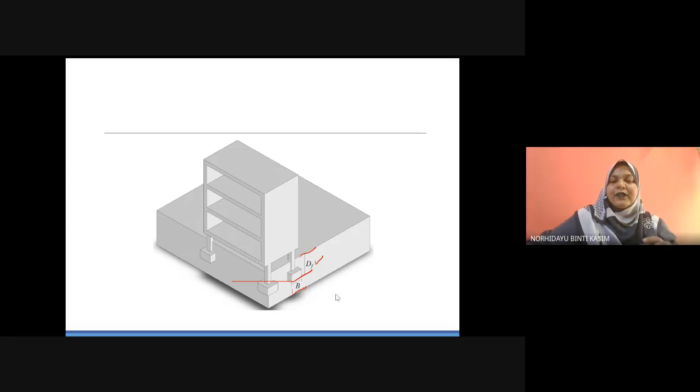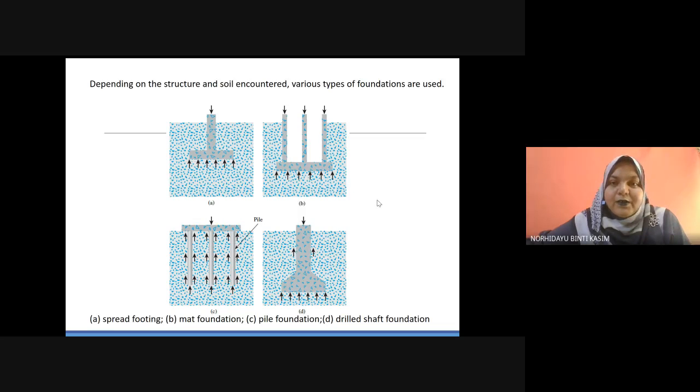You have to know the variables, because in the examination the variables are not explained. So you have to understand what Df is and what B is. So these are the various types of foundation.